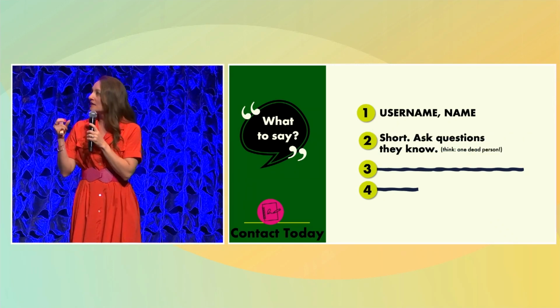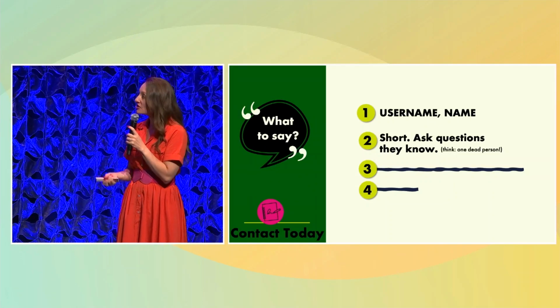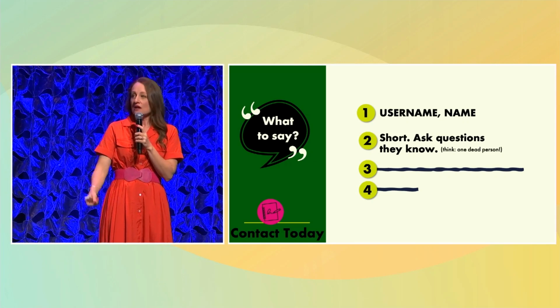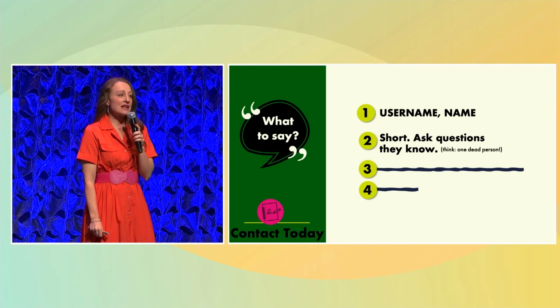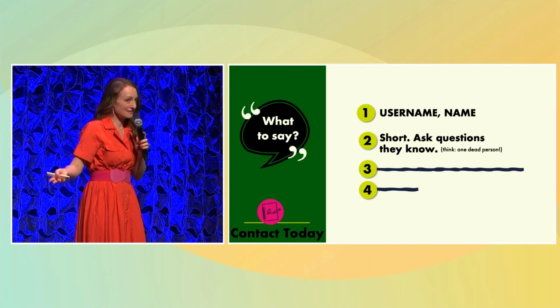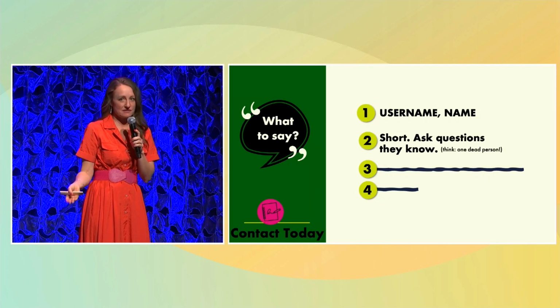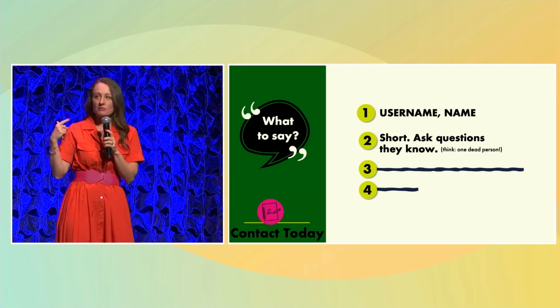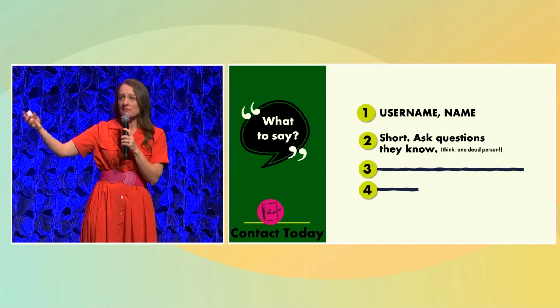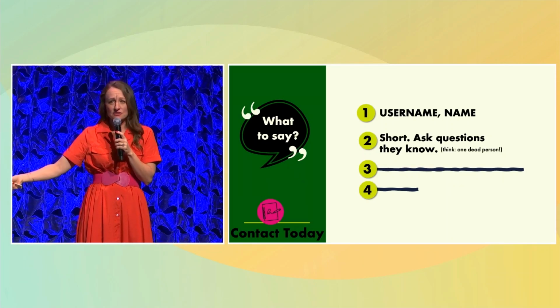Part 2, keep it short. Ask questions that they know. You're a genealogist. You need the name of one dead relative of theirs. That's it. And then you can build their tree. Yeah, it'd be nice to know if they had an ancestor with the surname of McMillan in Ohio in 1742.